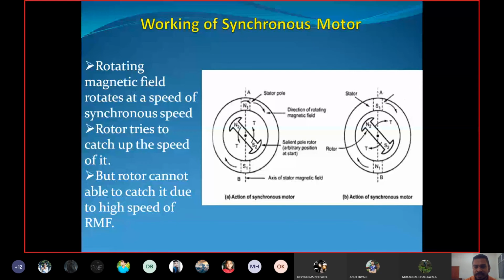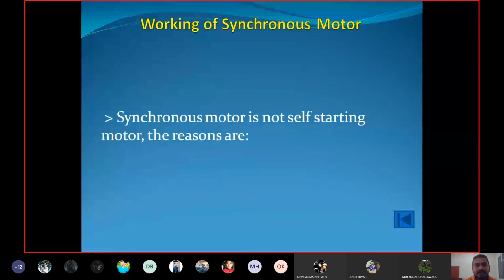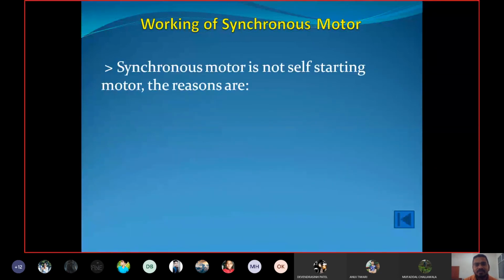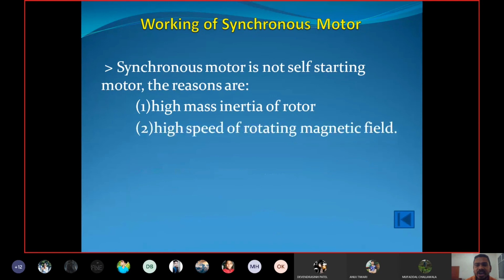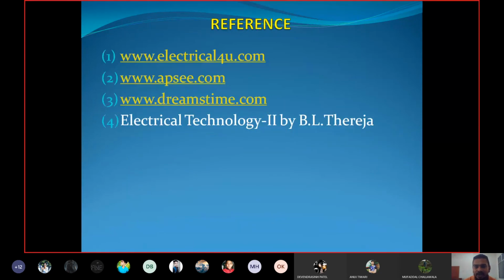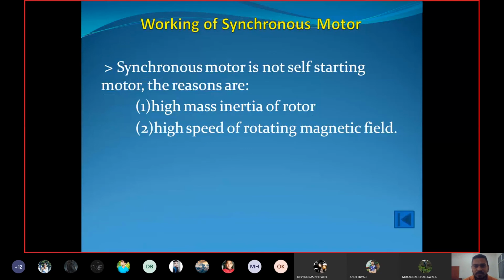Okay, so from this explanation we can say that the synchronous motor is not a self-starting motor.